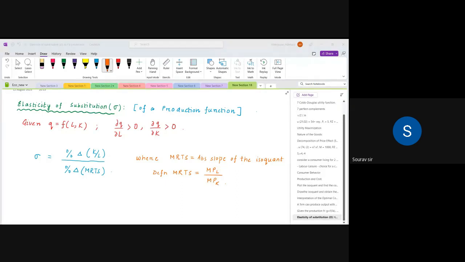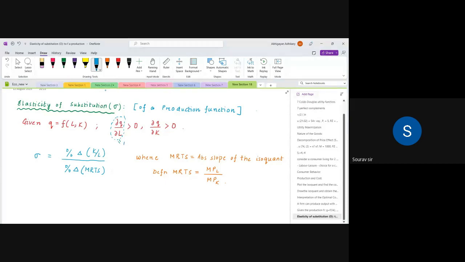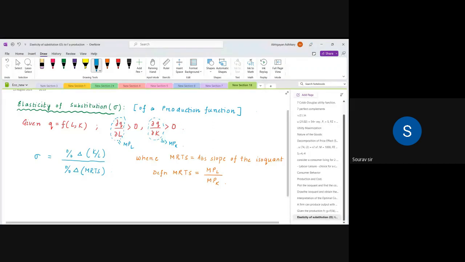Think of it in this way: MPL is this component, del Q by del L. And MPK is del Q by del K. So it is basically the ratio of the marginal productivities.